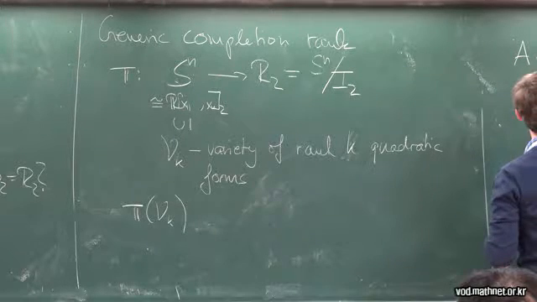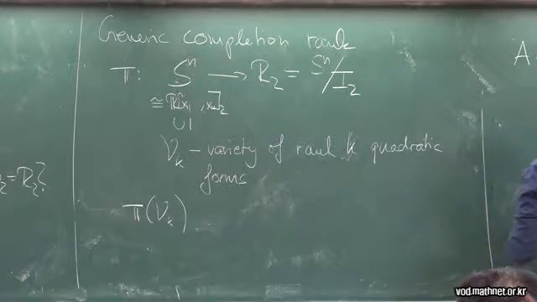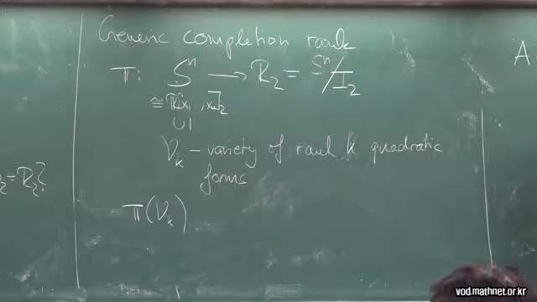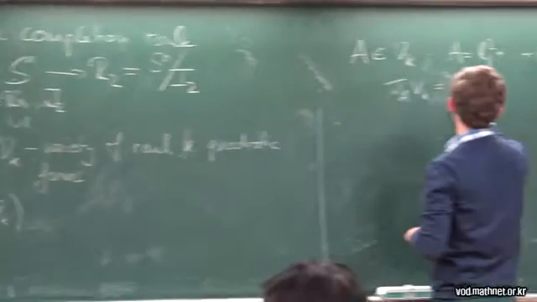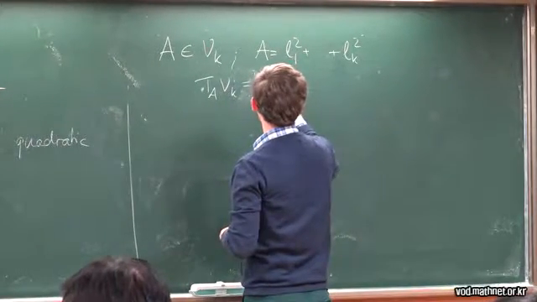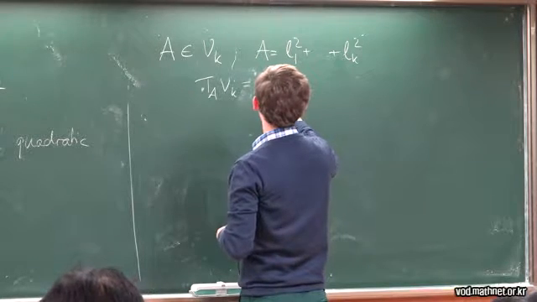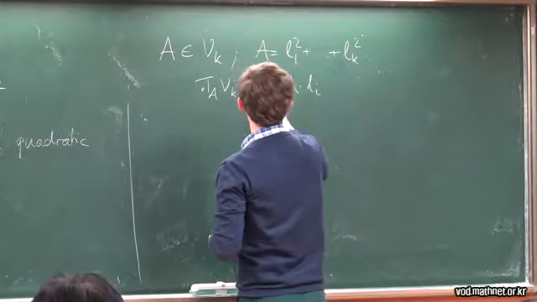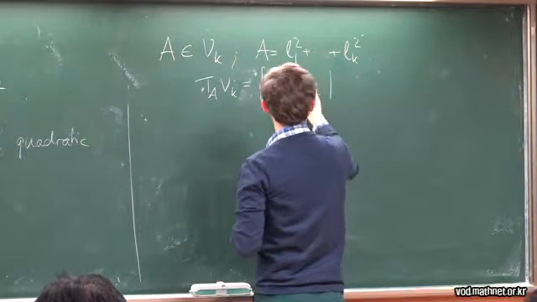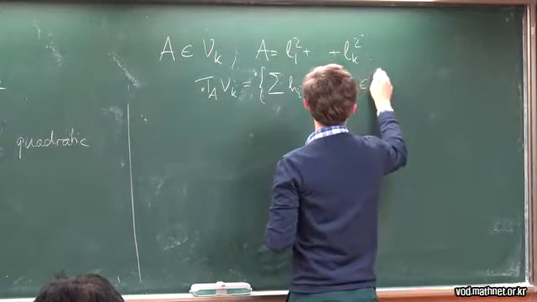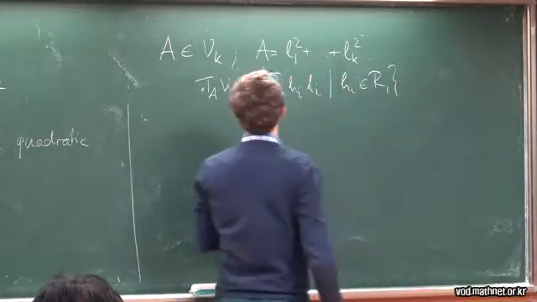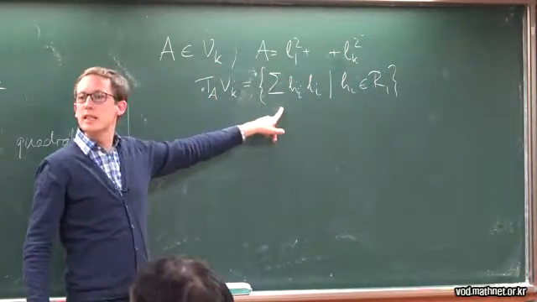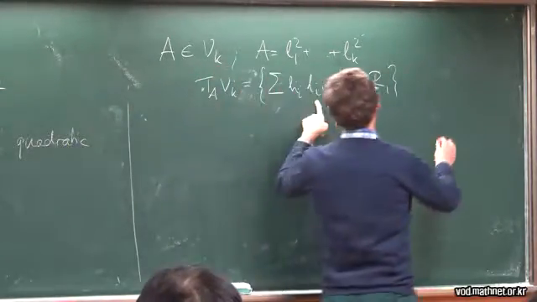So what's the tangent space? I claim that you can identify the tangent space with the sum of the h_i times l_i, where h_i are linear forms. So this is exactly the ideal generated by the l_i in degree 2.